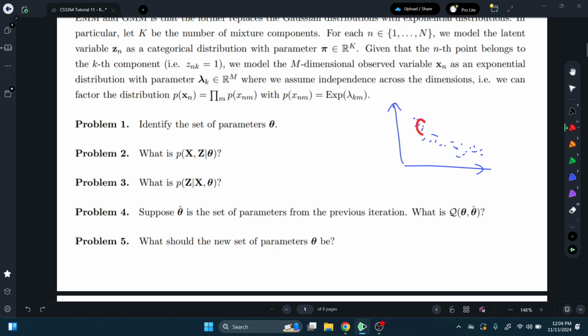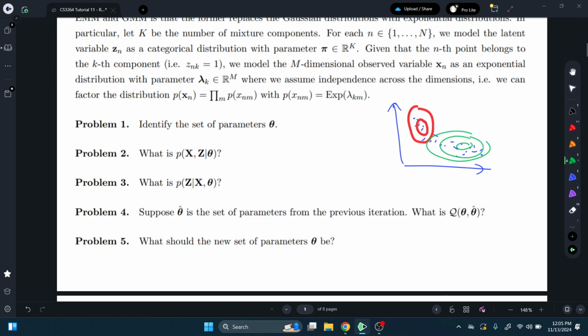One Gaussian over here, another Gaussian over here, and this will model our distribution. In fact, that is how we can model complex distributions: by putting a large number of Gaussian models together, taking what we call a linear combination of Gaussians. In essence, our GMM is a linear combination of Gaussians.